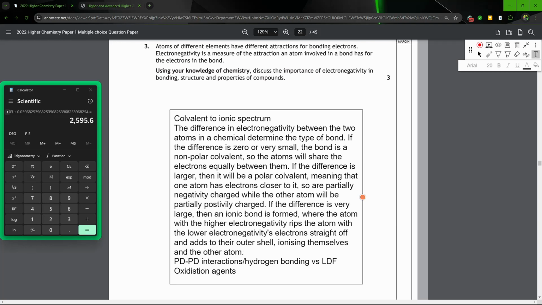Okay, so I think that's a lot we've already talked about. Let's see if we can move on to PD interactions / hydrogen bonding with LDF.